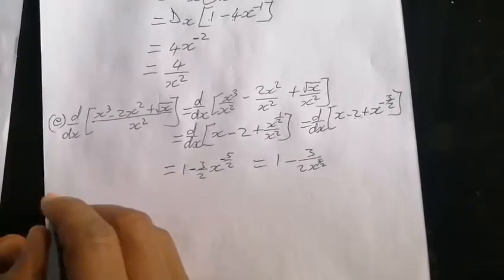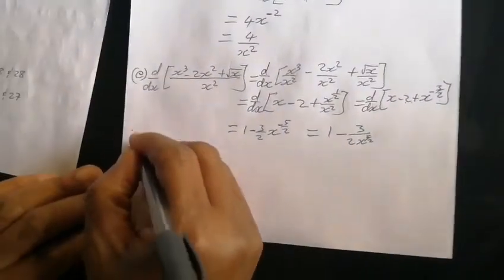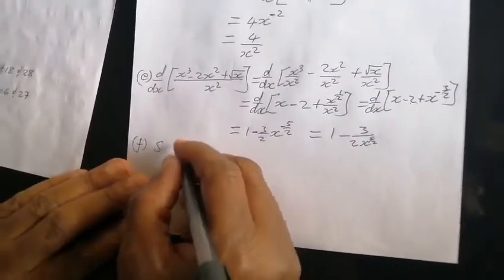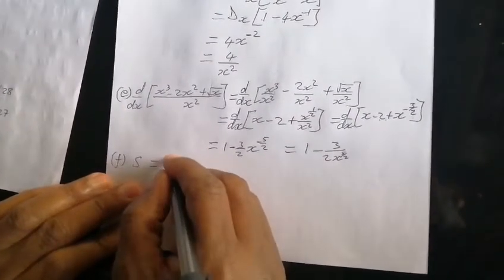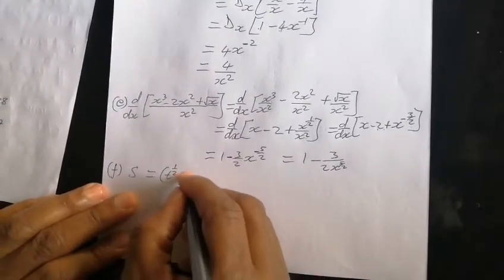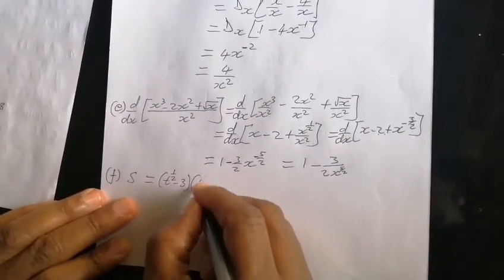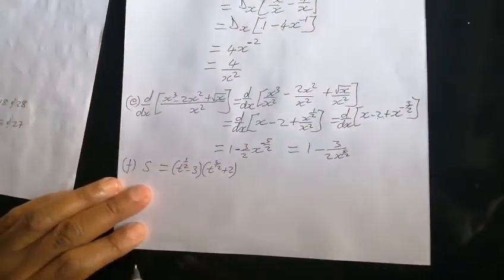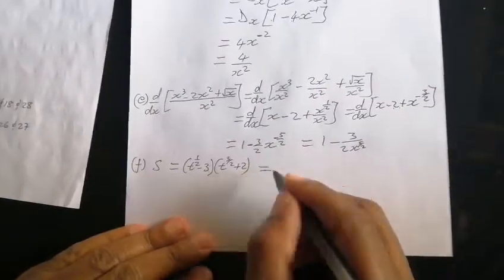Our last example in this video will be f, and we are required to differentiate s equal to t to the power half minus 3 into t to the power 3 over 2 plus 2. We are going to multiply.